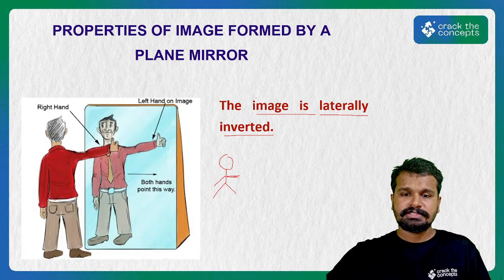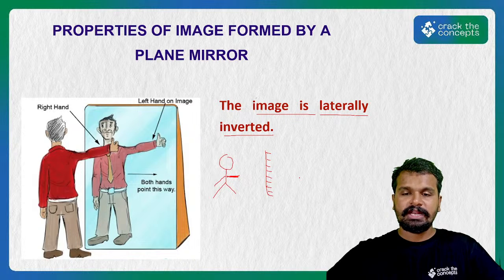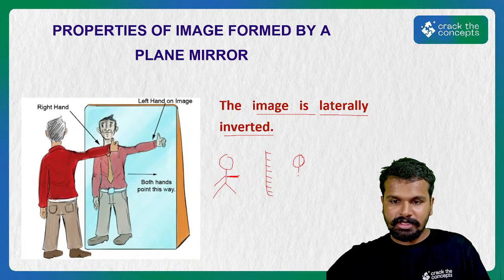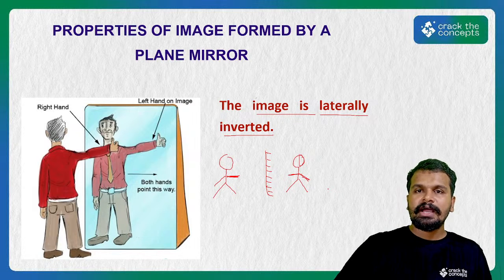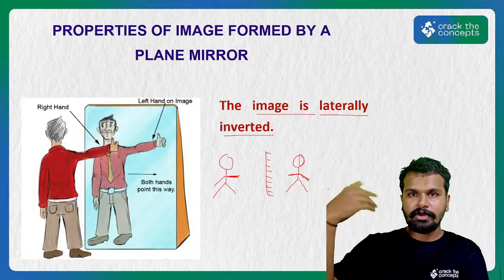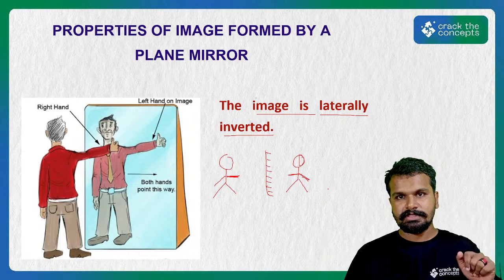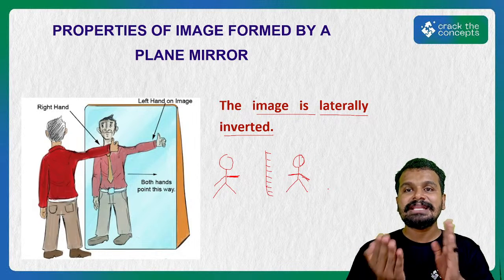Suppose in front of the mirror, you are pointing your left hand and you can see that your image is pointing his right hand. Got it? You are actually lifting your right hand in front of the mirror, and you can see that your image is lifting his left hand. That is lateral inversion, or we can say the image is laterally inverted.